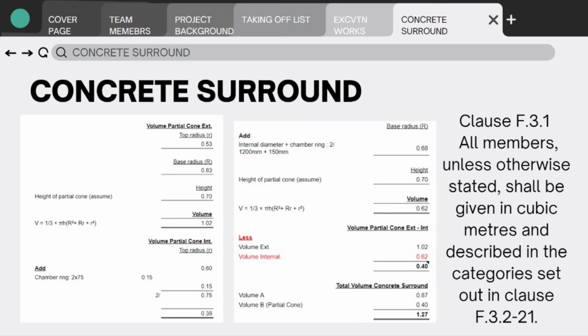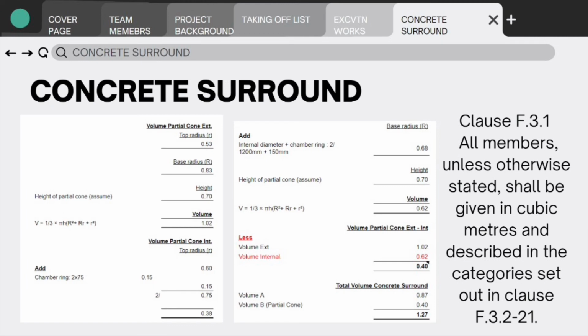For volume of partial cone internal, the top radius is 0.60 add 2 times chambering, to get the total of 0.75, divide by 2, total top radius is 0.38. The base radius is 0.68, internal diameter plus chambering, divide by 2.